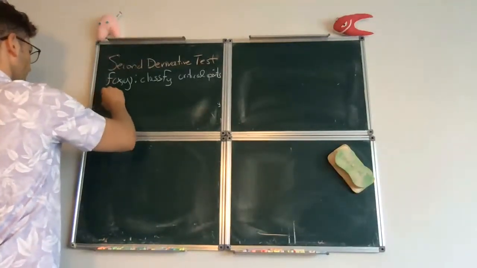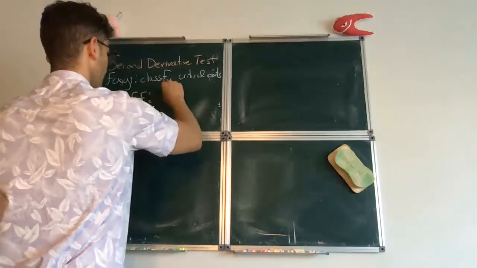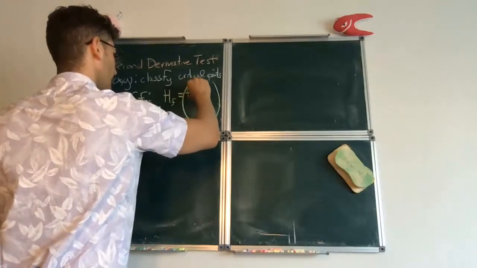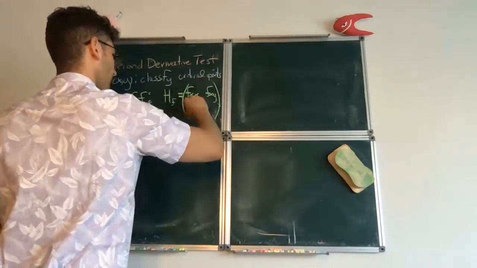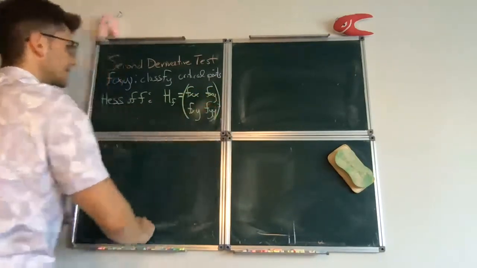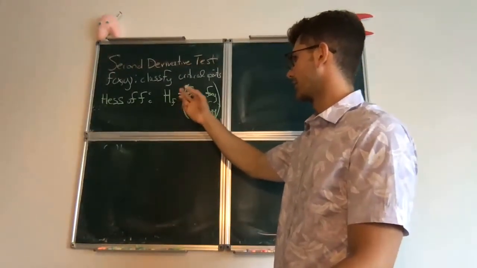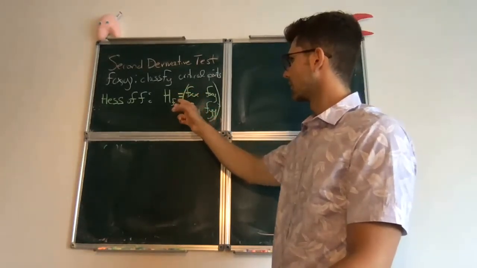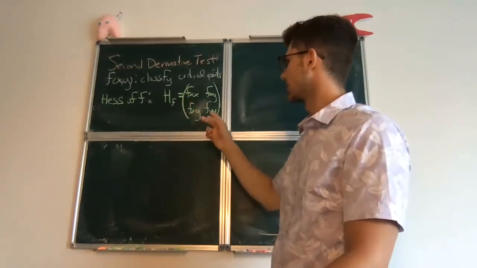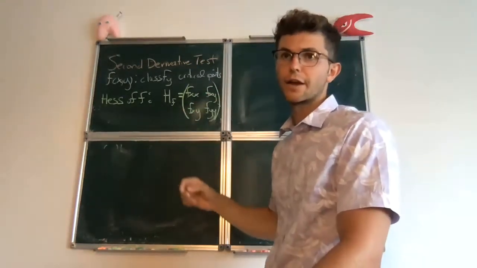So the Hessian of f, which I'll denote like this. By that I just mean you build a 2x2 matrix where you put here the second derivative of f with respect to x, the second derivative of f with respect to y, and then the mixed derivatives in the off diagonal terms.